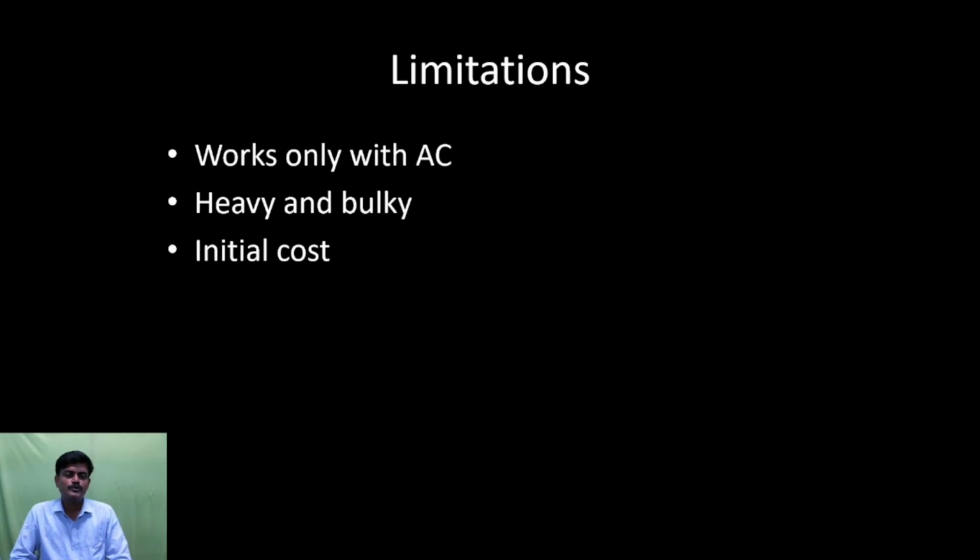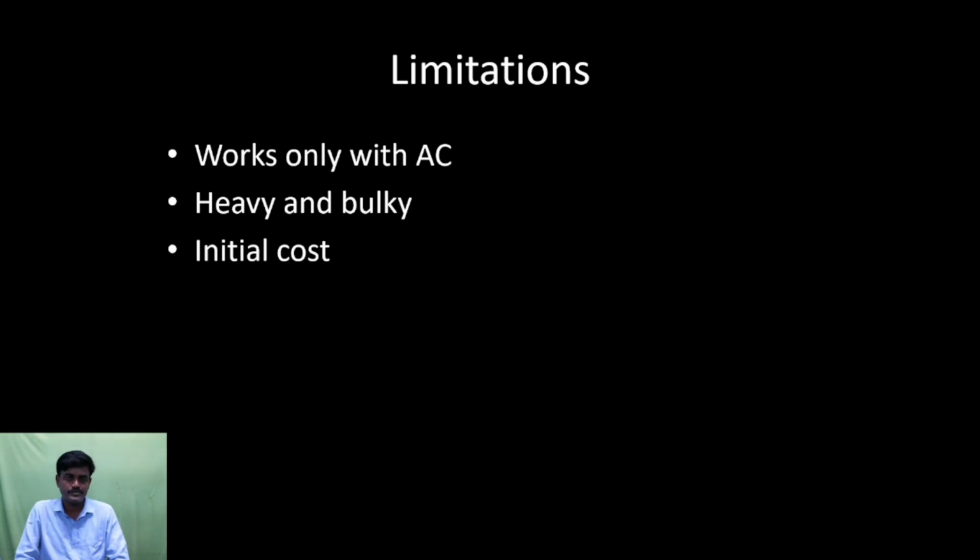So even though it has some advantages, it has limitations also. It works only with AC. Why? It works under the principle of mutual induction only. For that mutual induction purpose, we need the flux to change, and the flux change occurs only by means of the AC supply.